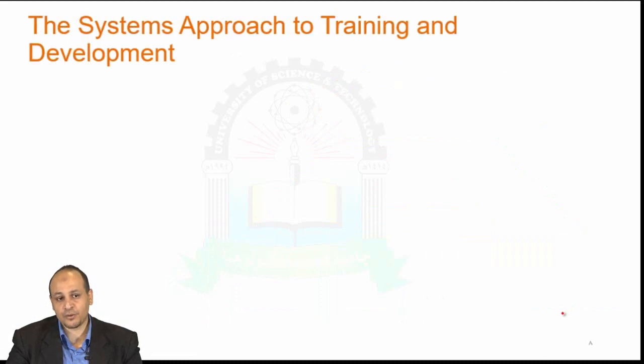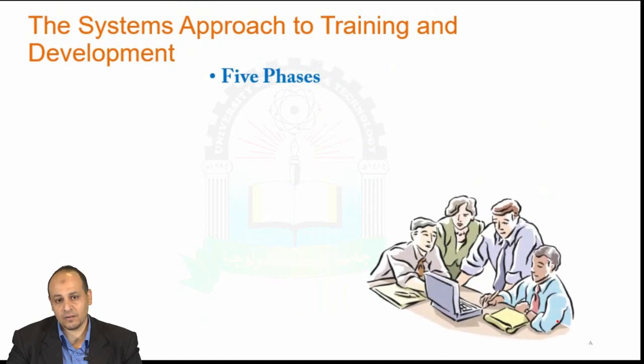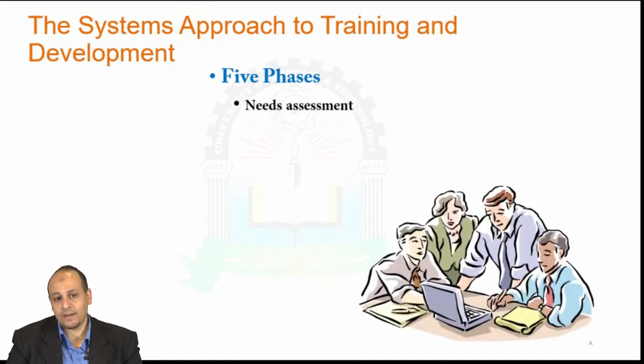The systems approach to training and development can be as follows. We have 5 phases. Number 1 is, of course, the assessment, or assessing the need for training. When we talk about training, we refer to either a potential problem that might happen because of weaknesses or deficiencies of some employees.